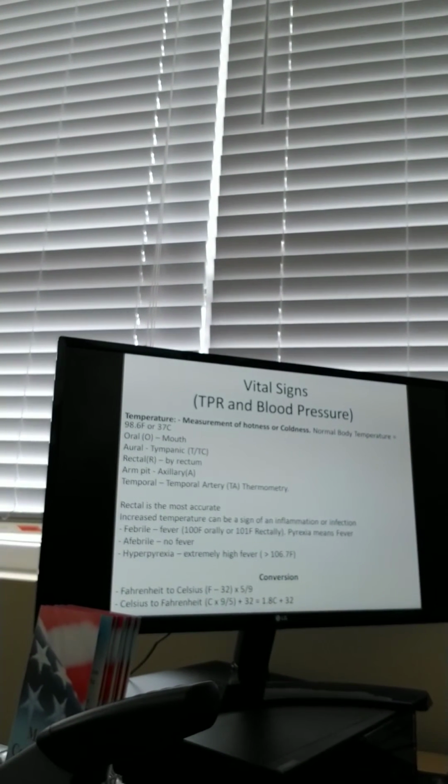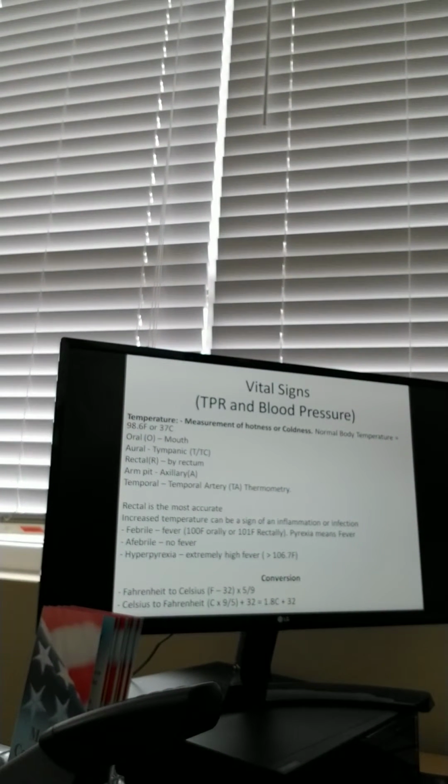I can't get the kilogram one. We did it in class, but I forgot how to do it. So, 1 kilogram is 2.2 pounds. And if we want to convert kilogram to pounds, we should multiply.